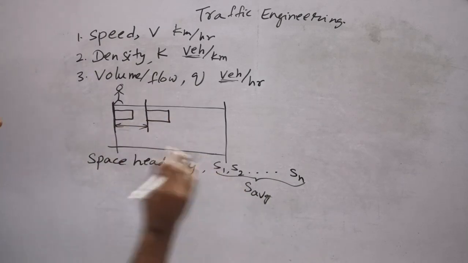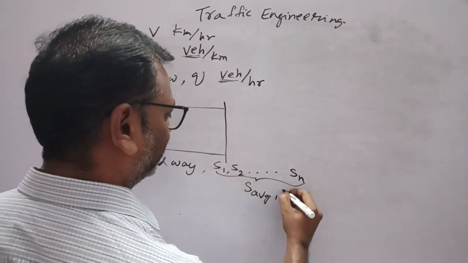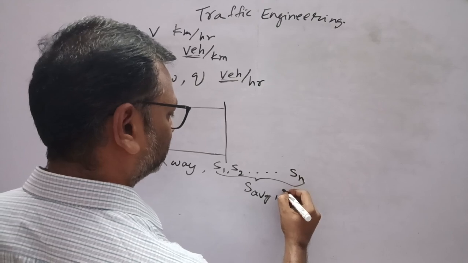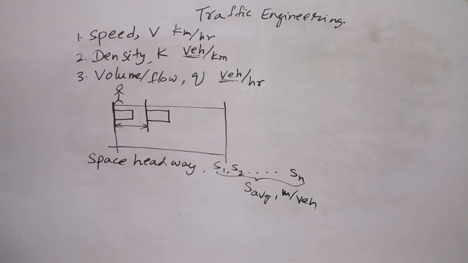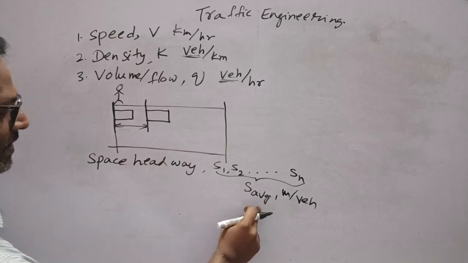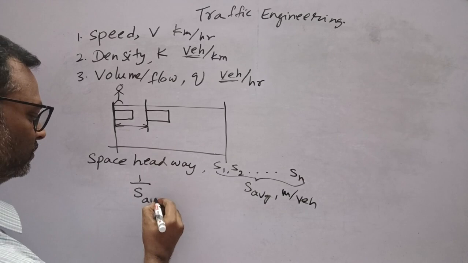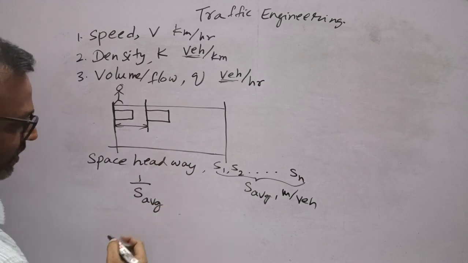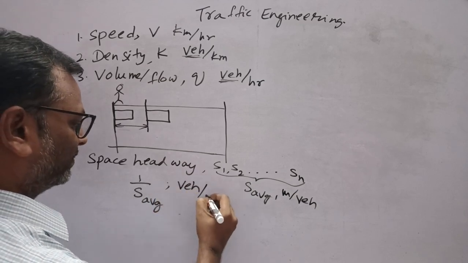We call it space headway, and the unit for space headway is generally meters per vehicle. If you take the inverse of this, 1 by space headway, we get it in vehicles per meter.